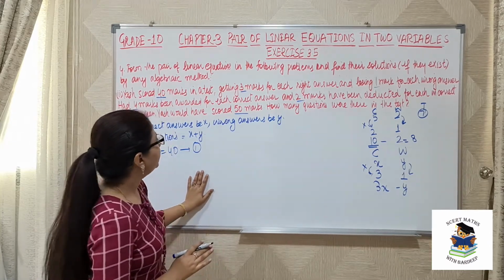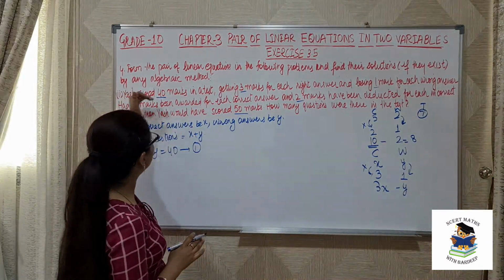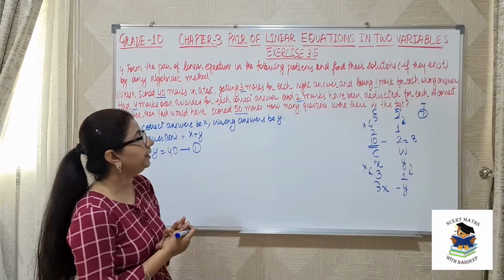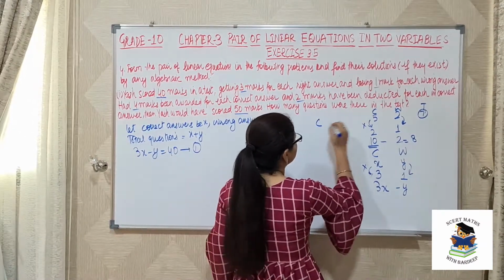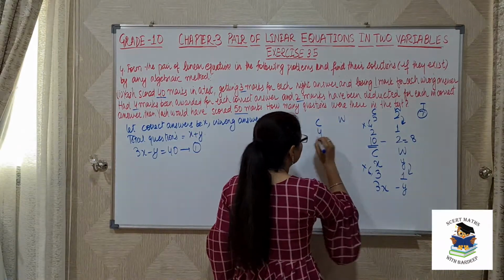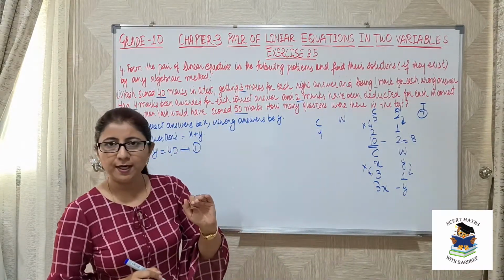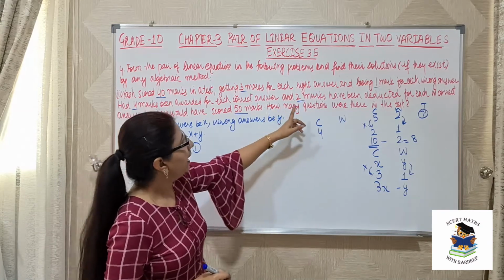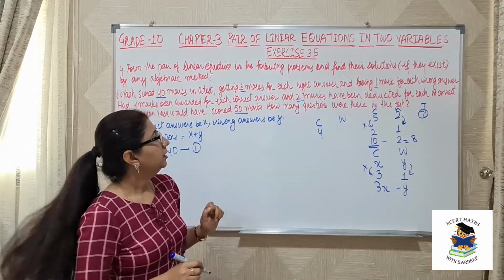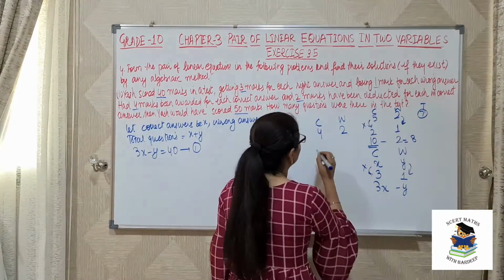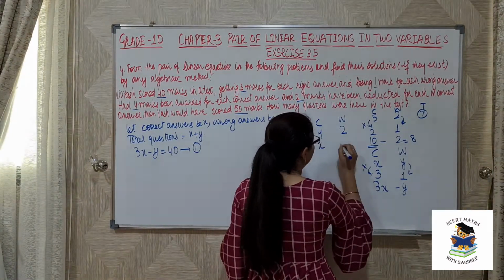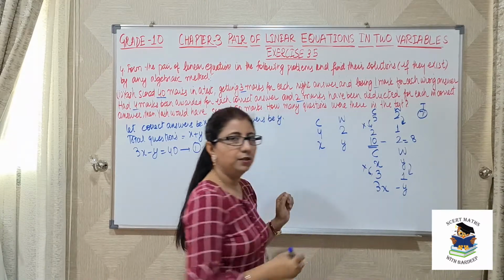Now let's see the second case. 4 marks are awarded for each correct answer and 2 marks are deducted for every wrong answer. Correct were assumed to be x and wrong as y.